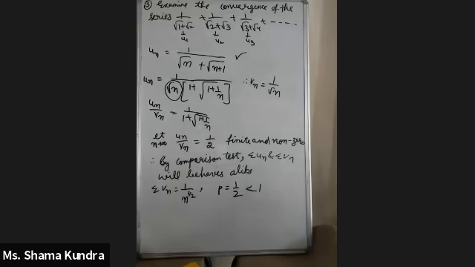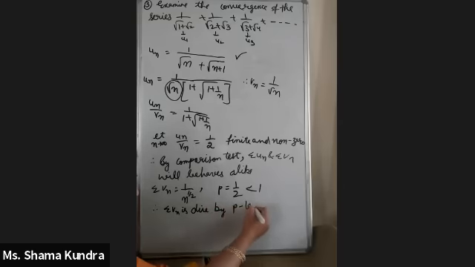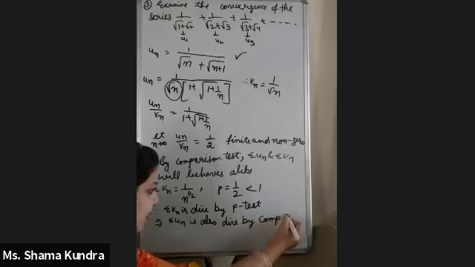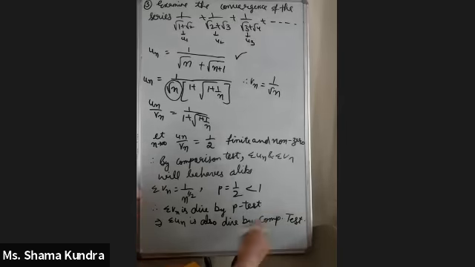So series Vn is divergent by p-test. Therefore, series Vn is divergent by p-test. This implies series un is also divergent by comparison test.